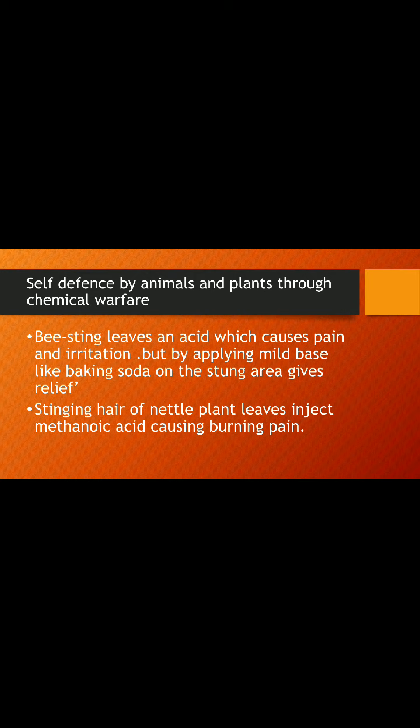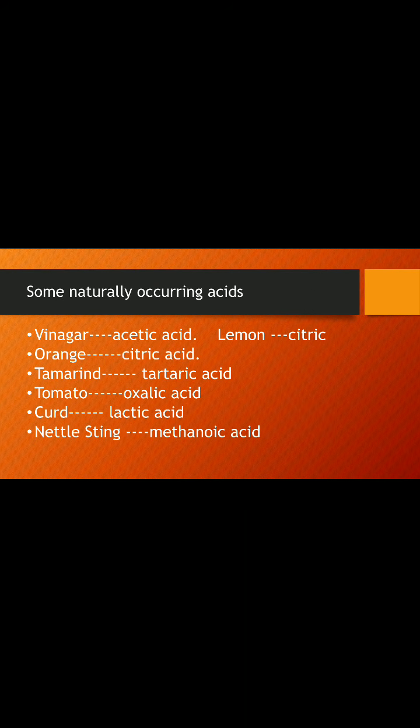And even in plants like the nettle plant, the hairs of the nettle leaves inject methanoic acid when you come in contact with the leaves, causing burning pain. This is how animals and plants defend themselves from enemies.